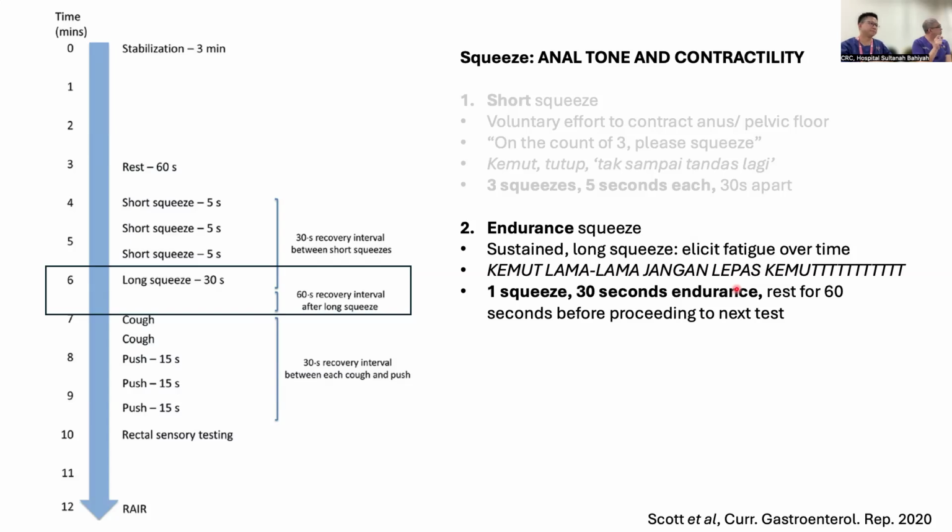Now, we seldom ask the patient to give a cough, but I suppose the whole idea is that when we want to see a cough, we want to look at the stress on the anal canal. Yeah, but usually during the per-rectal examination, we ask the patient to squeeze and also to push, just to give an idea of the defecatory function.